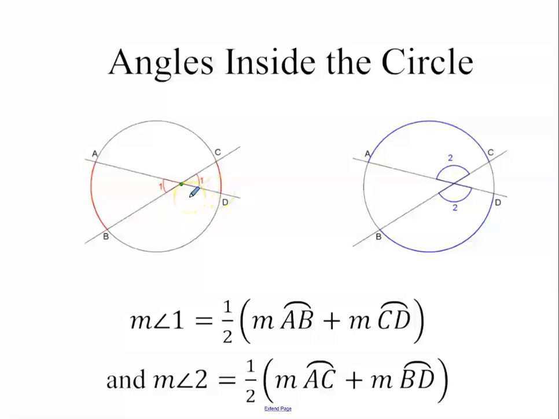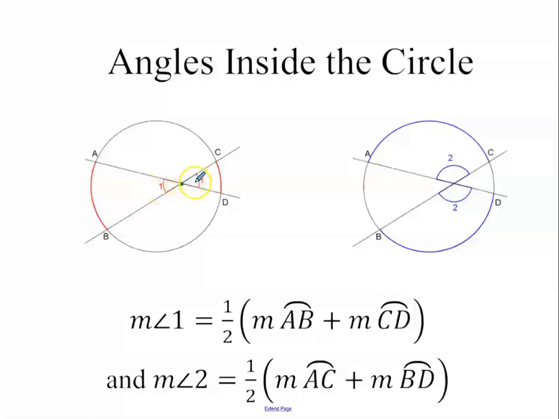And so, thinking back to central angles, the measure of the arc and the measure of the angle were the same. However, if we look at this picture, one thing we know, going way back to chapter 1, is these two red angles, angle 1 and angle 1 here, have to be the same measure because these are vertical angles.